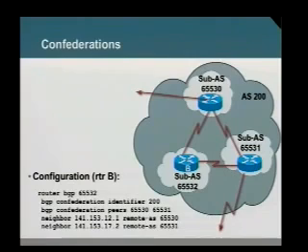The only concept it has of your real autonomous system is through the next line, the BGP confederation identifier, and that lets the router know what the real AS is. And then you list other autonomous systems that are also part of the confederation, just so that you know whether you're peering with an eIBGP peer or a real eBGP peer. And then you list all your other neighbors as you normally do.